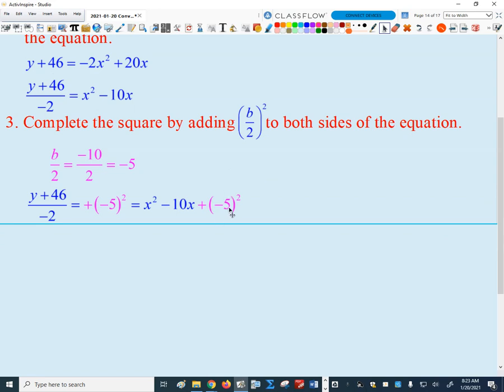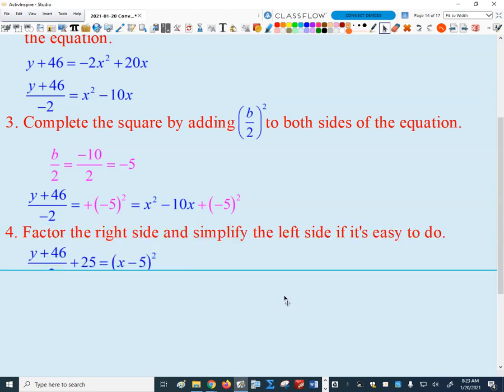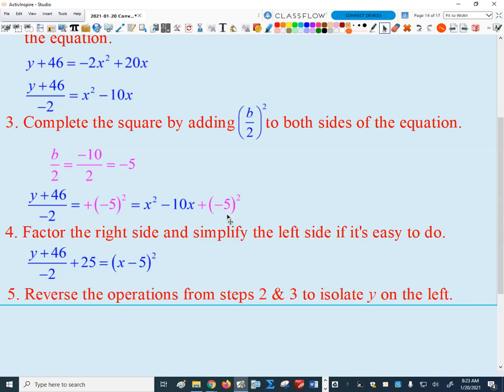I could write this as 25, but it's almost easier not to at this point on the right side because it tells me -5 is what I'm attaching to my x. So I already know without even thinking about it that the right side is going to factor into the factor x minus 5 quantity squared, right? Because I know there's that connection right there.